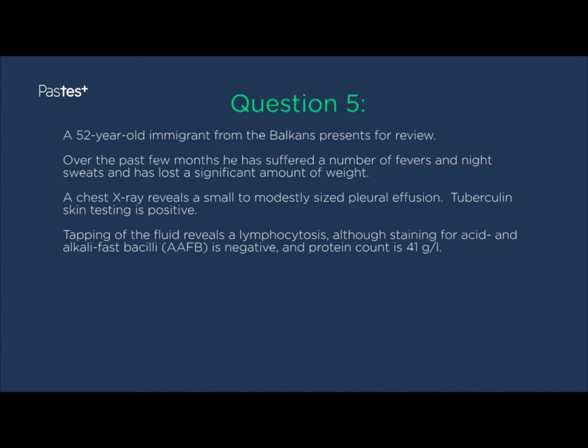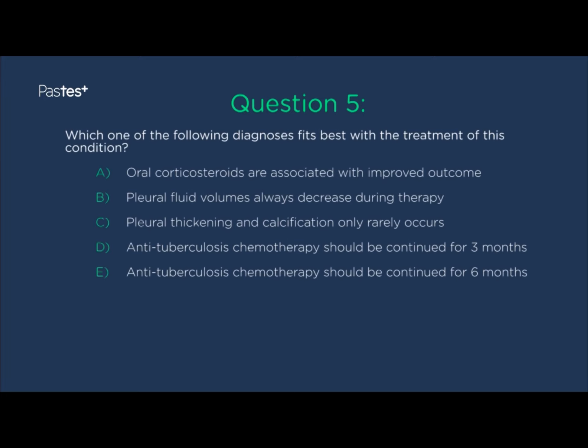He has an AAFB stain, which is negative, but the fluid turns out to be an exudate. He then proceeds to have a pleural biopsy done under thoracoscopy, and this reveals appearances consistent with tuberculosis. So, the question is, which one of the following diagnoses fits best with the treatment of this condition? You have some time to look at those, and we shall discuss the correct answer later.